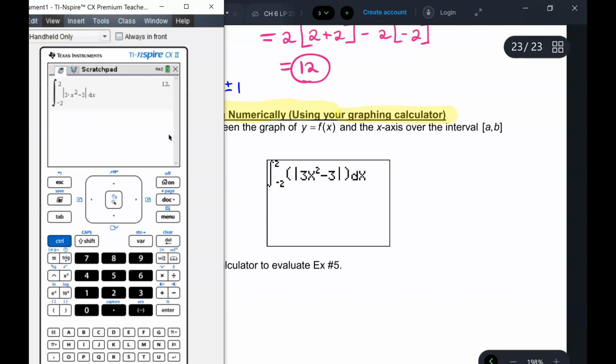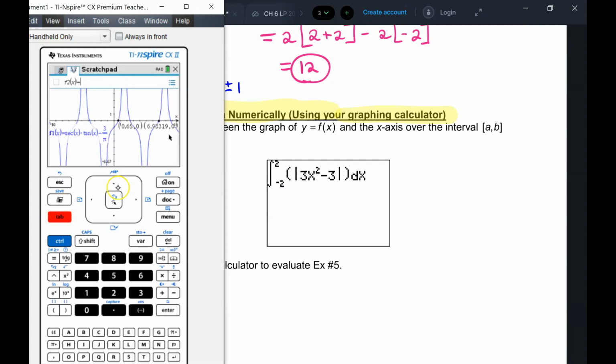The other way to do it is, you can type it in, and if you graph it, this is what I was talking about. It's going to take the graph and just flip that bottom part.